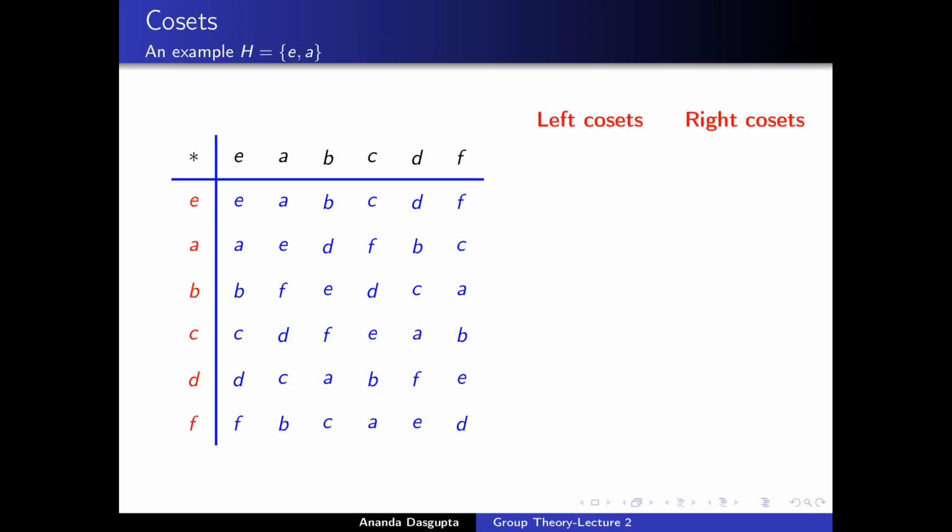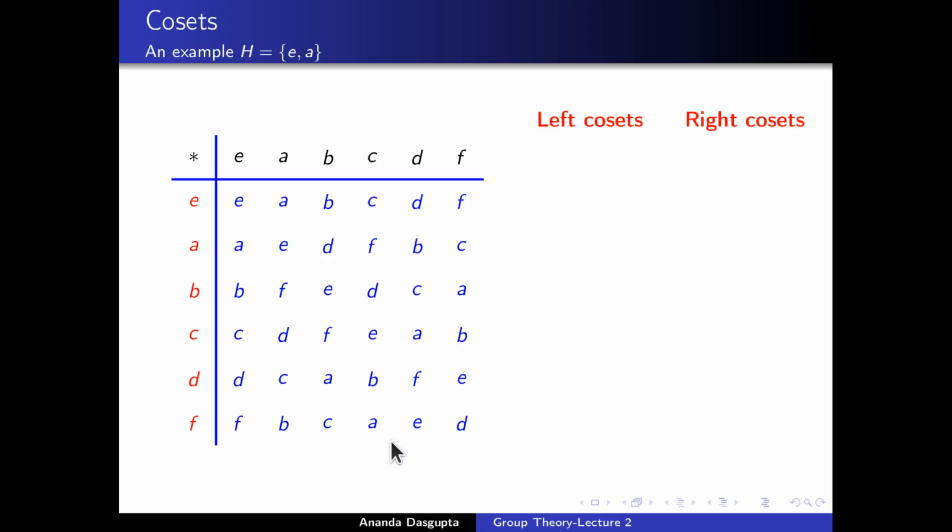Now, just to illustrate this, let us take a look at the example of the symmetry group of an equilateral triangle that we have talked about. Of course, we need to pick a specific subgroup for this, and let's start with the subgroup e and a. So these are the two elements in your subgroup, e and the reflection a.